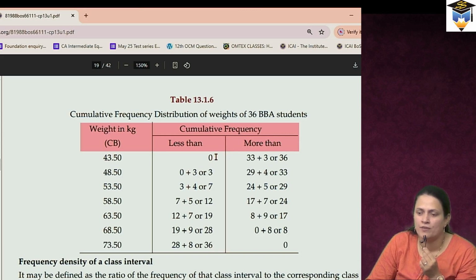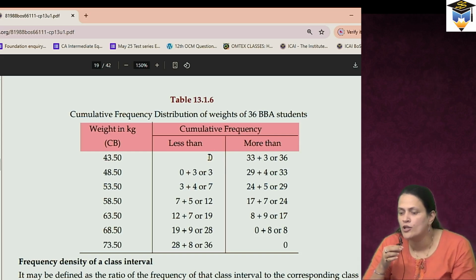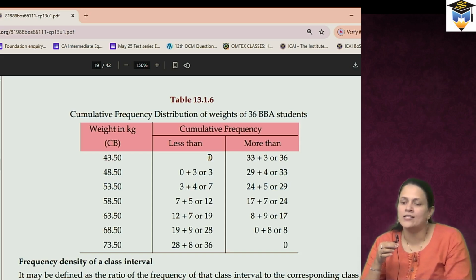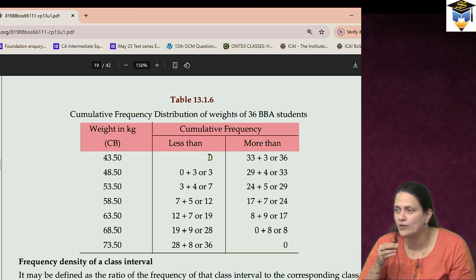Can you see it? What is the cumulative frequency for 43.50? Less than. We'll first find out the less than cumulative frequency. So it is 0. Now, next was given to us as 3. Now, cumulative frequency means what? You will add the initial value to the next value.